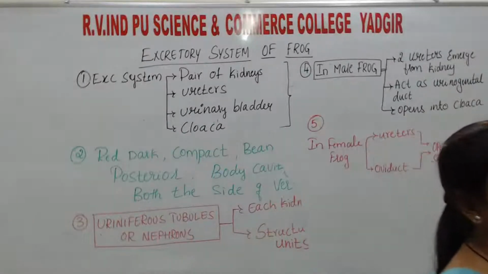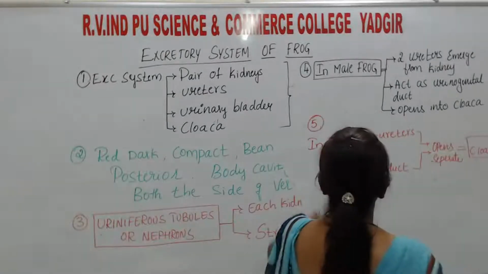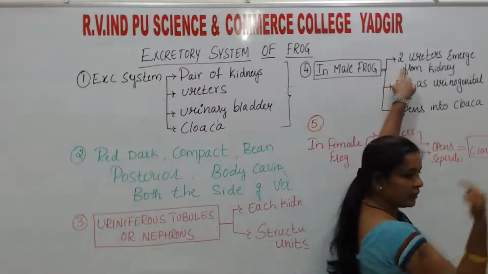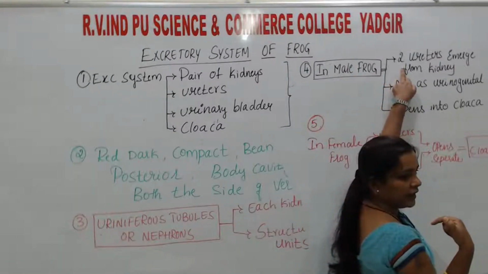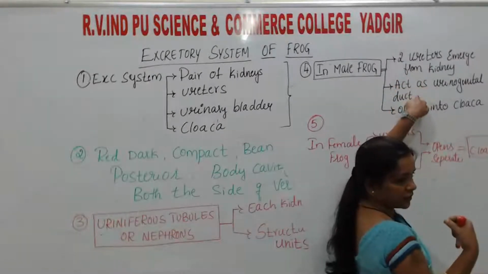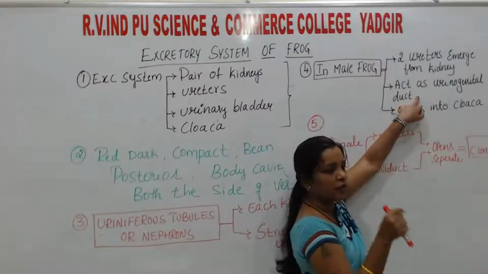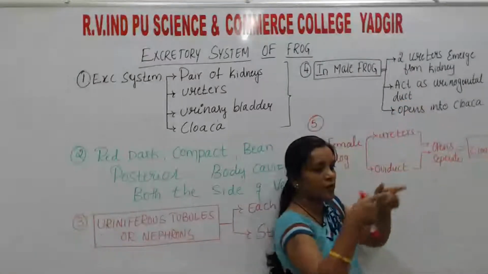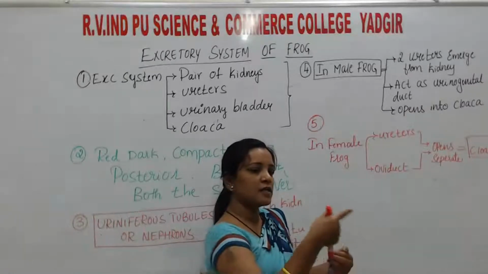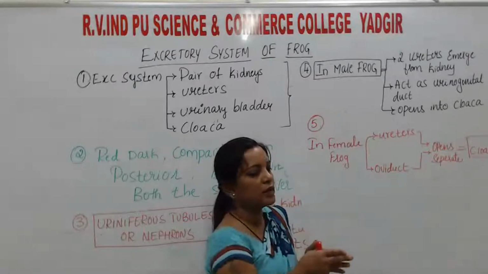What is going on here in male and female? What happens in male? Two ureters are emerging out from the kidney. They act as a passage, which we will call the urinogenital duct, and it opens into the cloaca. Urine as well as the male gametes enter the common duct.